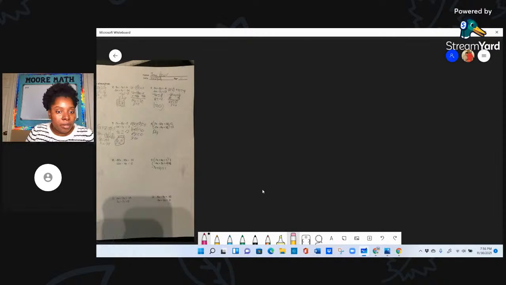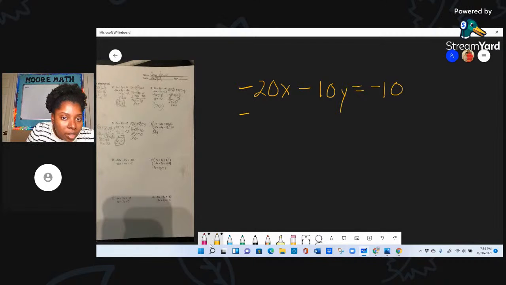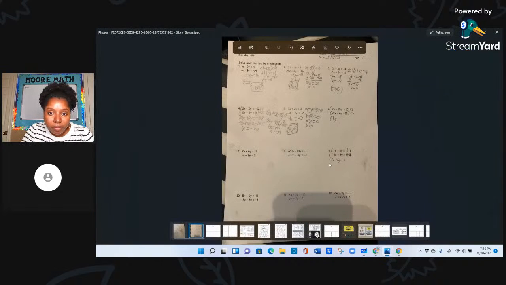So we have -20x minus 10y equals -10. Are both of them minus right before the y's?